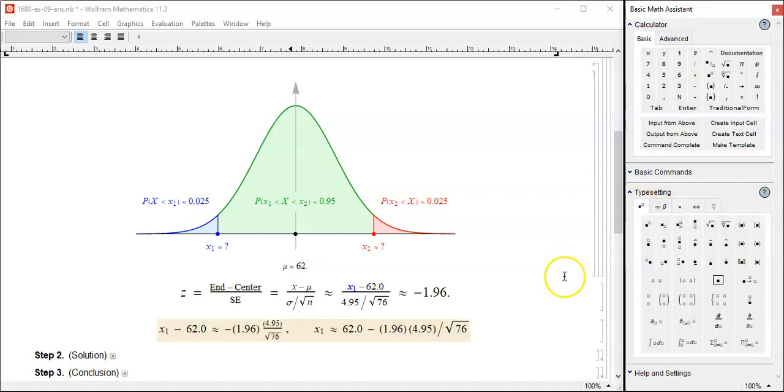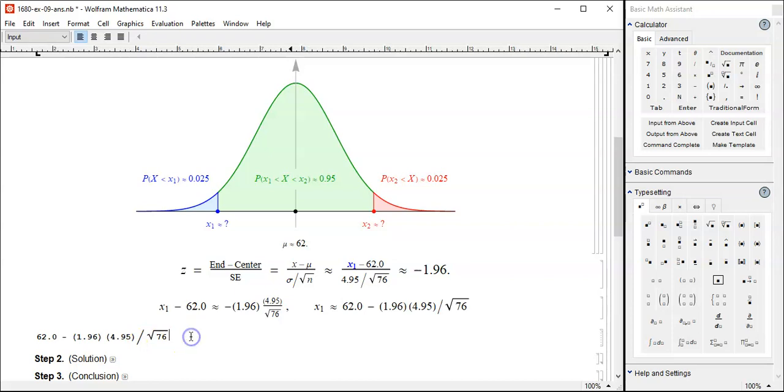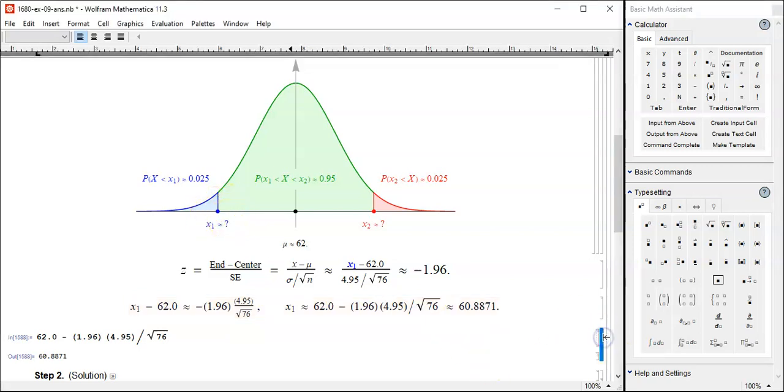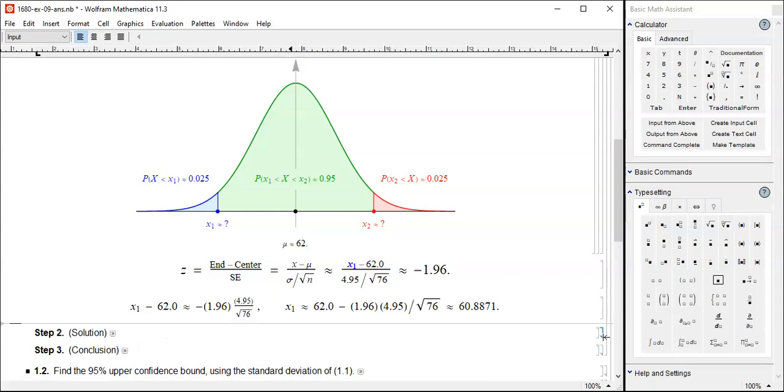I guess that's it. That's the computation I'll have to do. You can punch those into a calculator, but I'd like to save my time. I'm just using Mathematica for that kind of computation, and this is what I'm going to get: 60.887. That goes right here in the left-hand side endpoint. Okay, one down, one more to go.